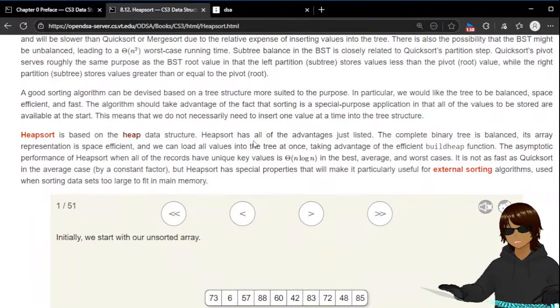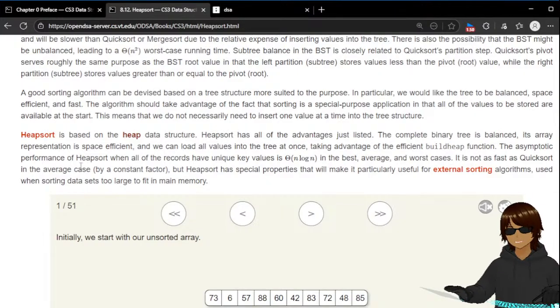Heap sort has all the advantages just listed. The complete binary tree is balanced, its array representation is space efficient, and we can load all the values into the tree at once. Taking advantage of the efficient build heap function, the asymptotic performance of heap sort when all the records have unique key values is theta n log n in the best, average, and worst case.